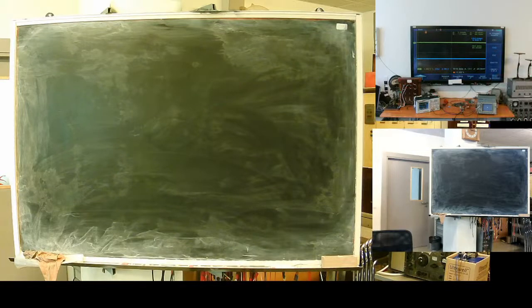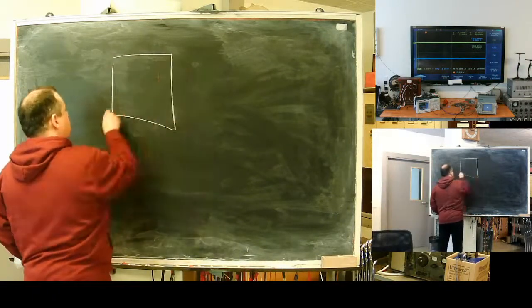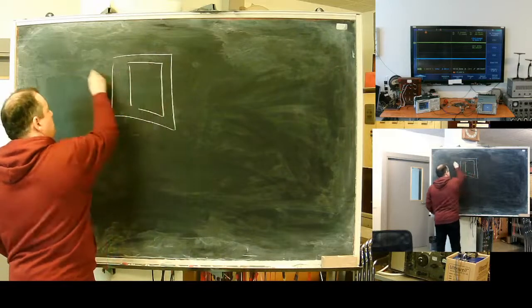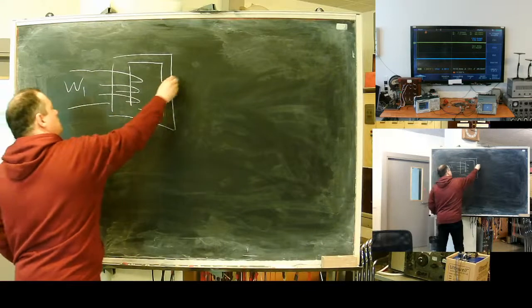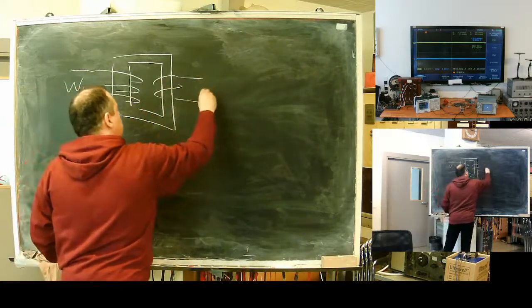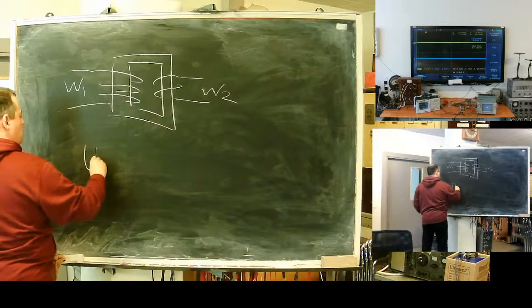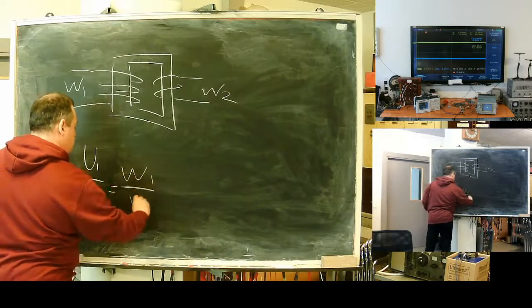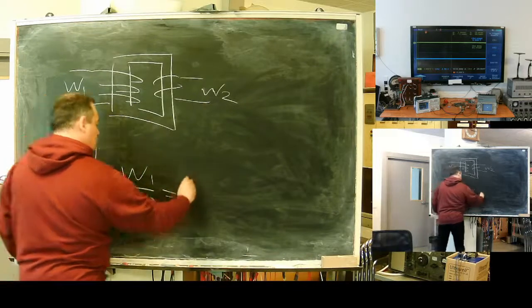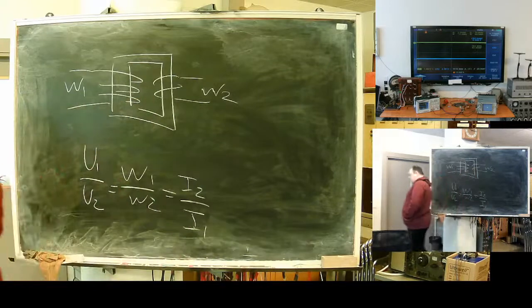What's going on with the transformer? Voltage V1, current I1 against V1. It's what we know.